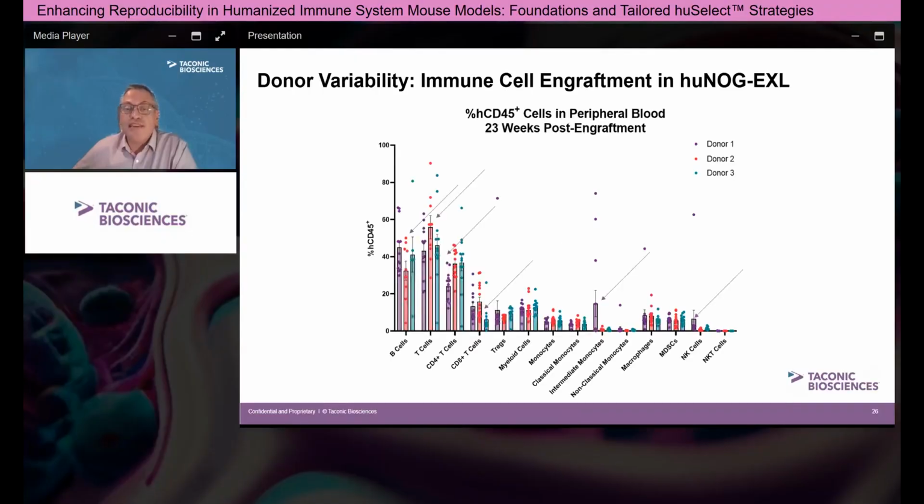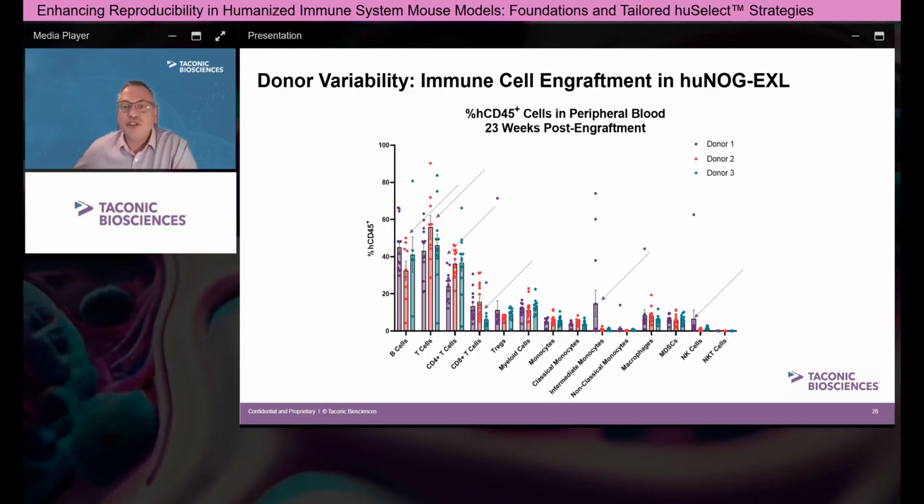Moreover, if you look at the exact immune cell profiles, the human immune cells that are present, there are numerous cell types that are quite different between donors. Now, of course, if you are running a study, this can and will introduce a significant amount of variation.